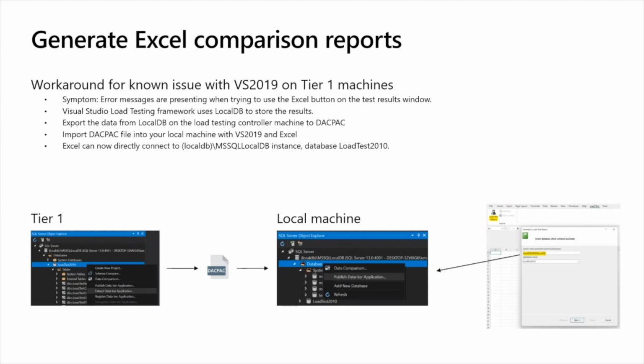Then, using the same tooling, you can connect Excel directly to that database, and when you say next, it'll immediately read all the test results and let you select the testing runs to generate the reports. So that's how you can still generate the test result reports.